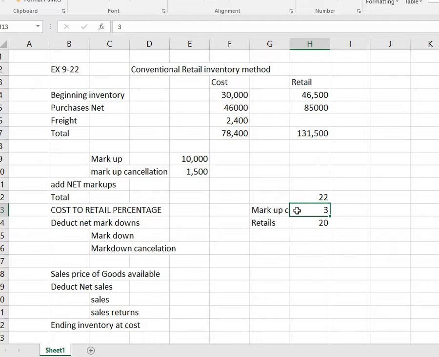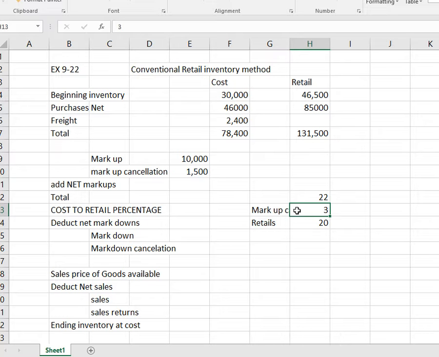Once I go below what the shirt normally retails for, maybe this is now a clearance item, a sale item, and that would be considered a markdown, and you can do a markdown cancellation, which would bring it back closer to retail. But for my cost to retail percentage, I really want to include my great inventory items that sell at full price or above.